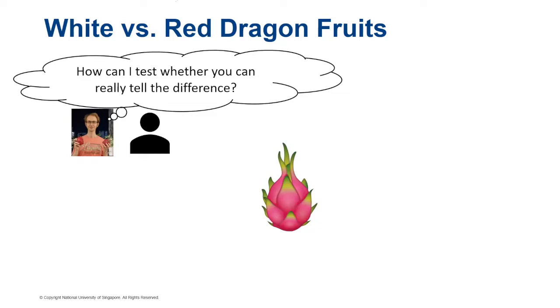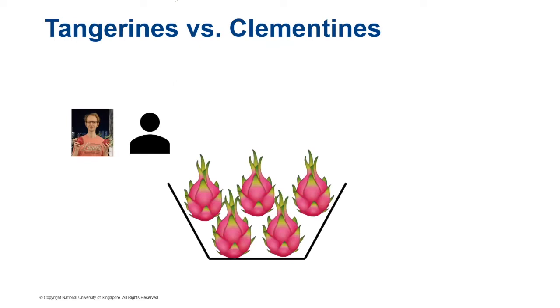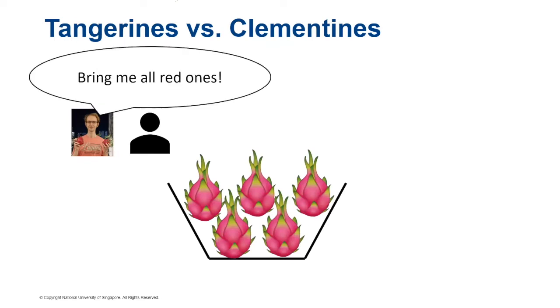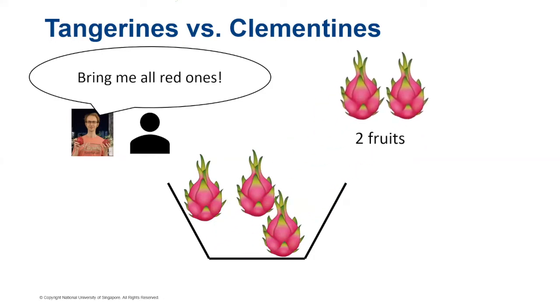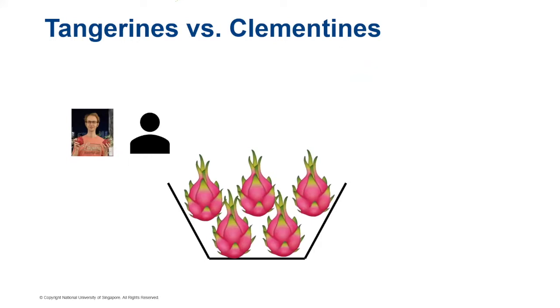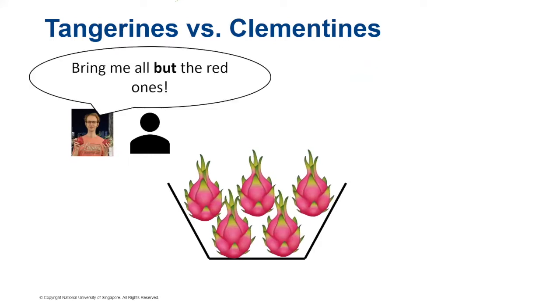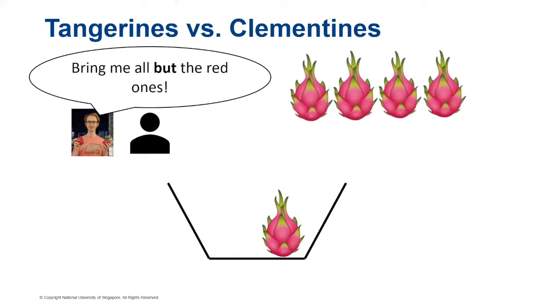And the idea that I'm applying here is I would first ask you to bring me all the red dragon fruits, and you perhaps would go ahead and bring back 2 of them. Then I would put them back in a bowl, shuffle them around a bit, and then ask you to bring me all but the red dragon fruits. And again, you would go ahead and perhaps bring me back 4 of them.